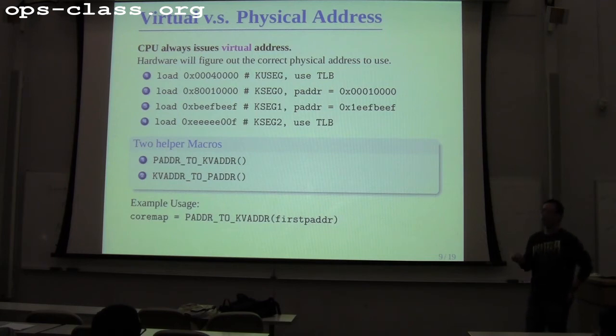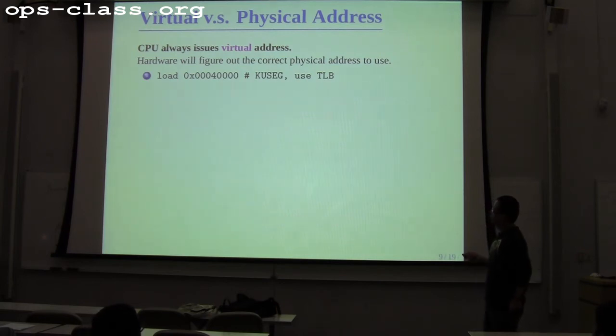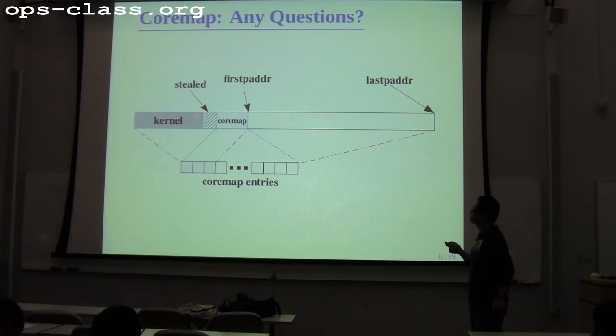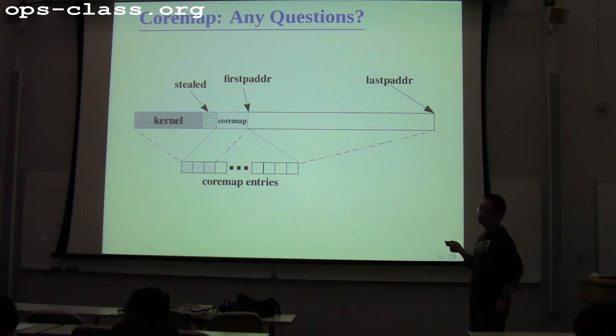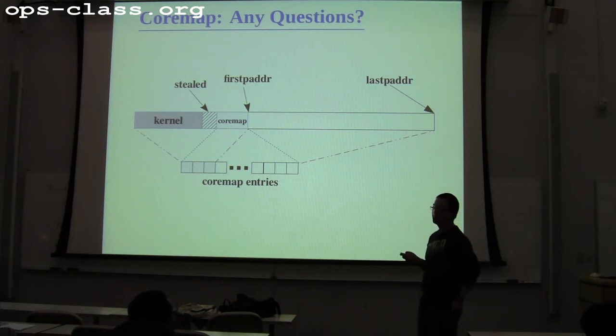The address translation? So the reserved kernel physical addresses are already in that kernel space in the core map slide? This is the physical memory, right?